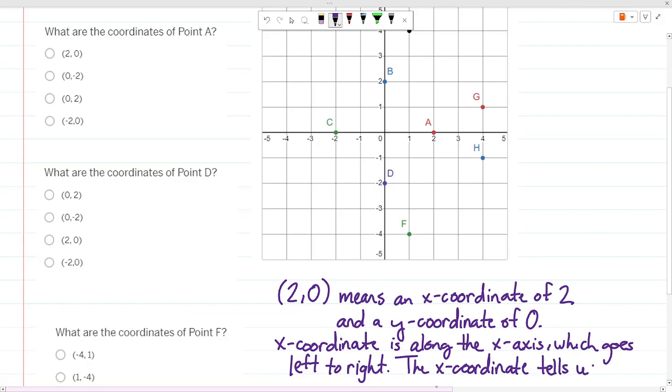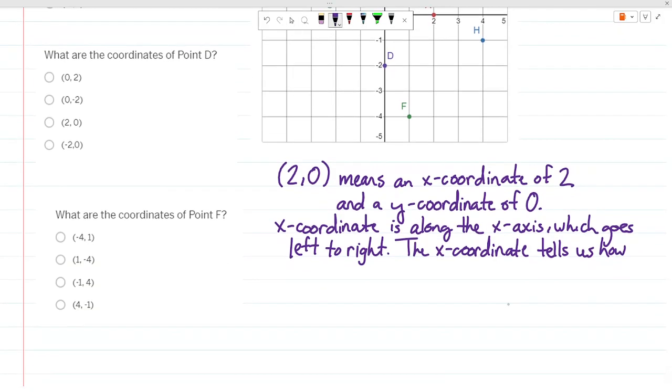If the x-coordinate is positive, then it's going to the right. If it's negative, it's going to the left.